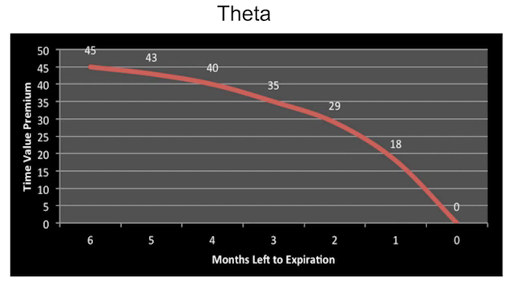Notice the numbers along the red line as time decreases. It moves quicker once you get into those last few months. From the 6th to the 5th month, it only decreases by 2, and from the 5th to the 4th, 3, but now the decay is increasing, decreasing by 18 as we get closer to expiration.